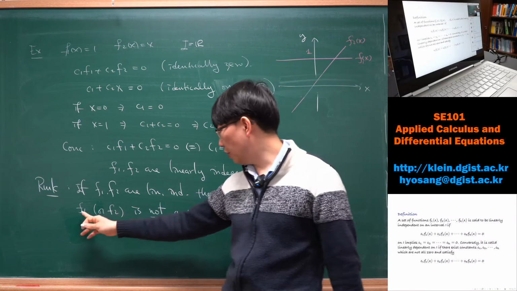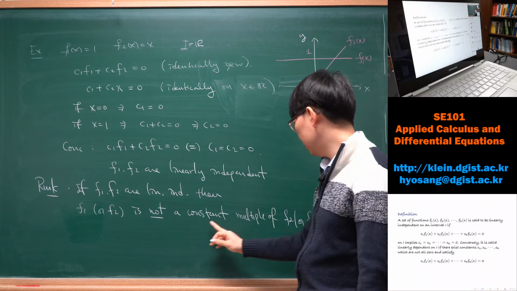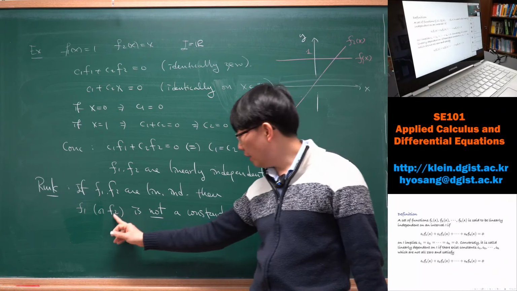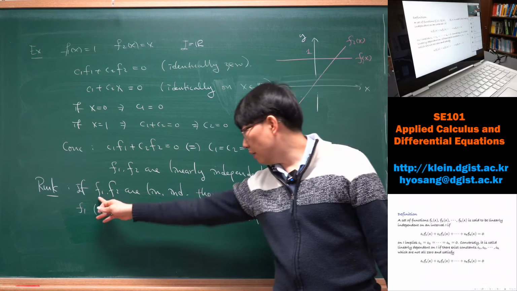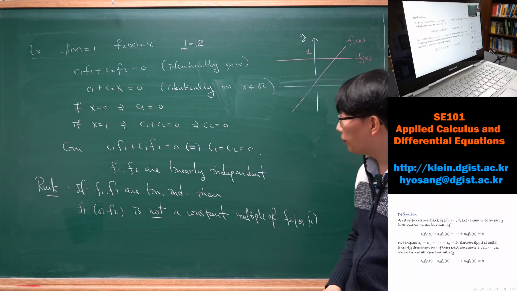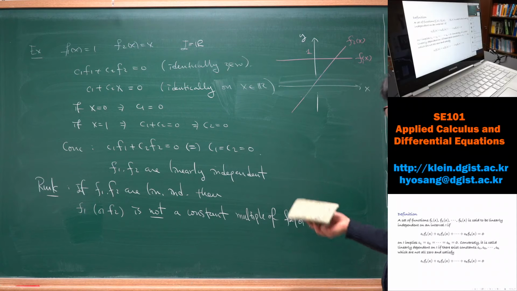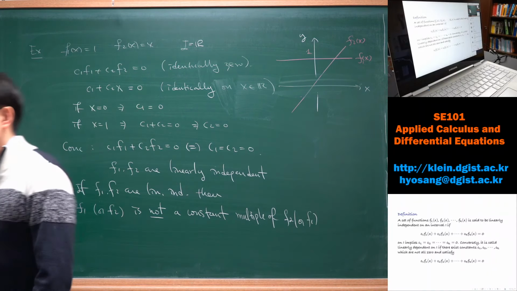So if I start from f1, this is not a constant multiple of f2. If I choose f2, then f2 is not a constant multiple of f1, if f1 and f2 are linearly independent. So this is an example of linearly independent functions.